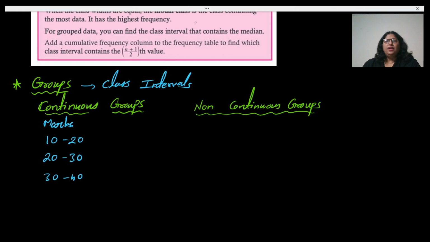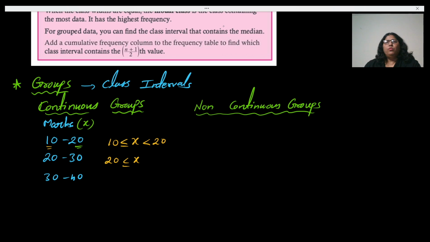What does that mean? The upper limit is excluded. If x is any mark, then 10 is less than or equal to x, and x is less than 20. The lower limit is included but the upper limit is excluded, because the upper limit goes as the lower limit in the next interval.